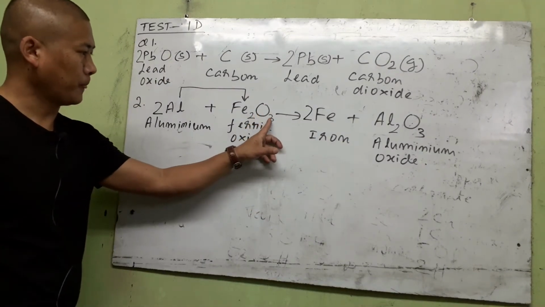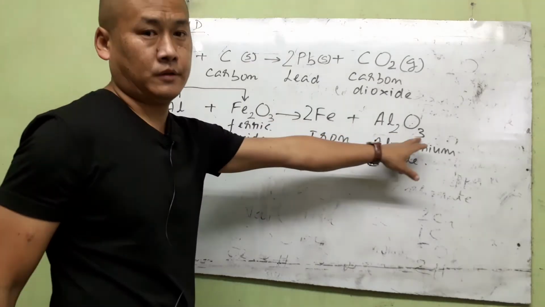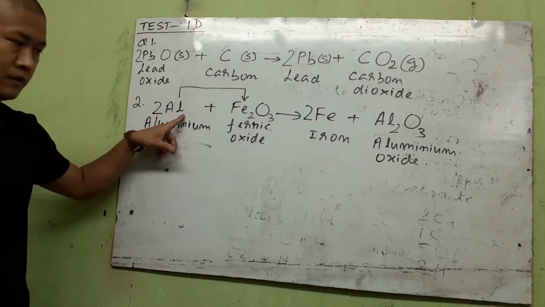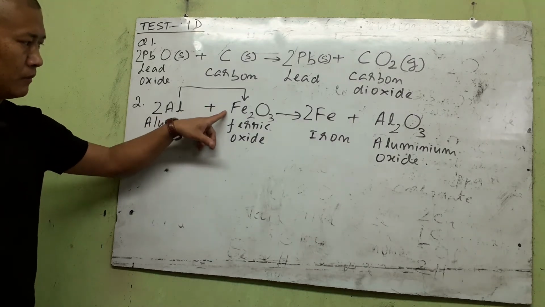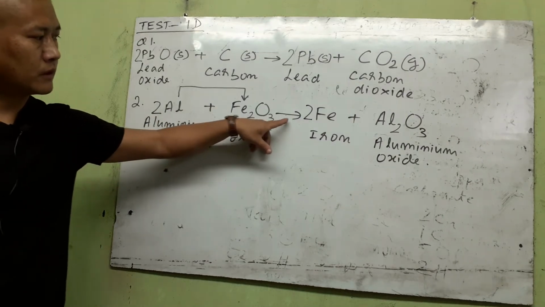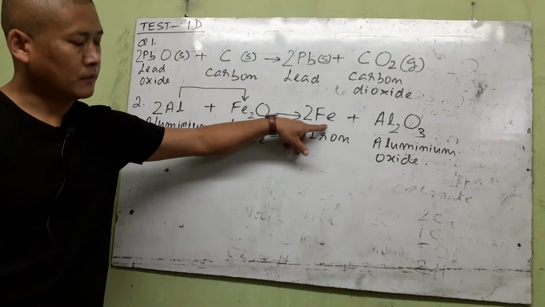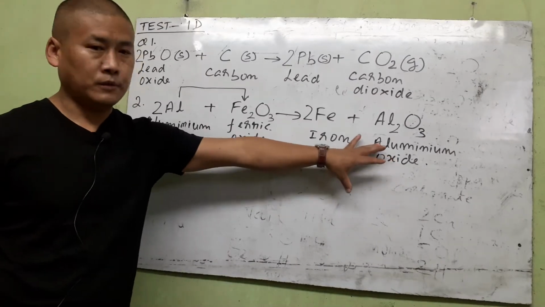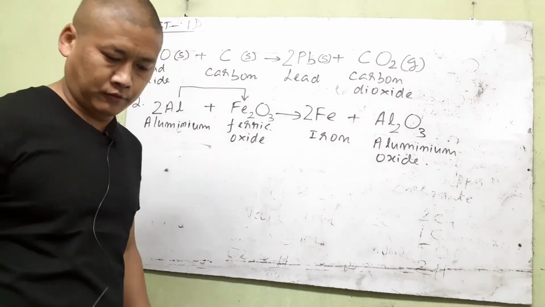Finally O, 3 here, also 3. So now the equation will read as 2 atoms of aluminium react with 1 molecule of ferric oxide to give us 2 atoms of iron and 1 molecule of aluminium oxide. This is a balanced equation now.